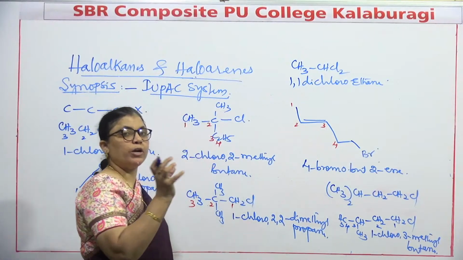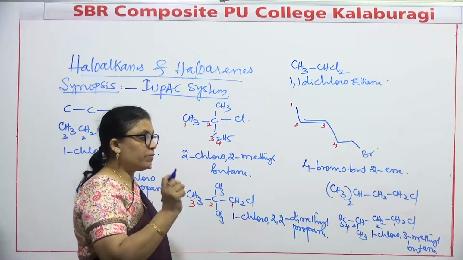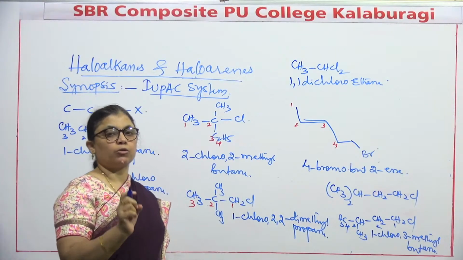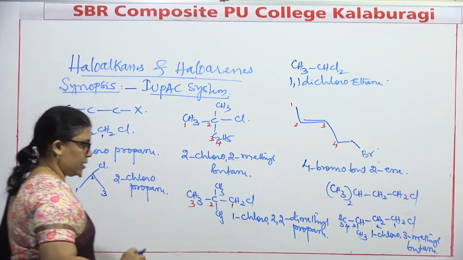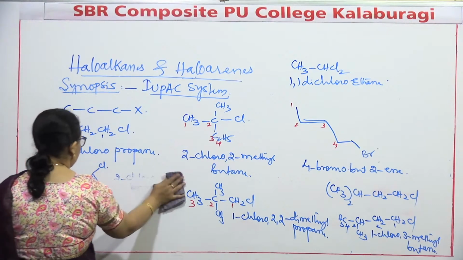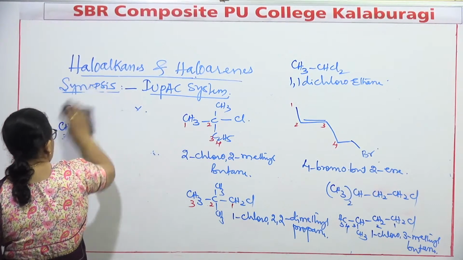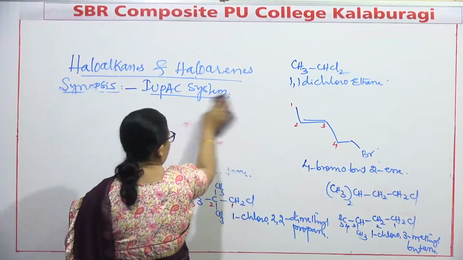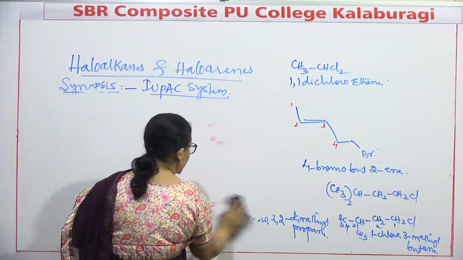Therefore, whenever we are going to write the name, by keeping in mind all the rules, we can go for naming the organic compound. Another examples we will write. Some more examples we will take with respect to multiple bonds also, children.